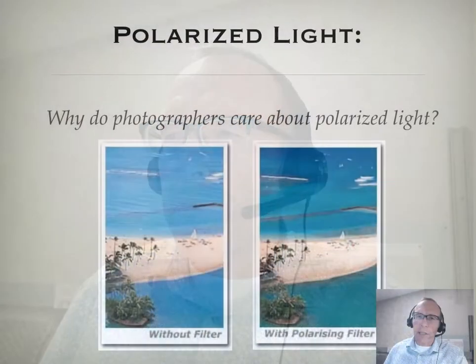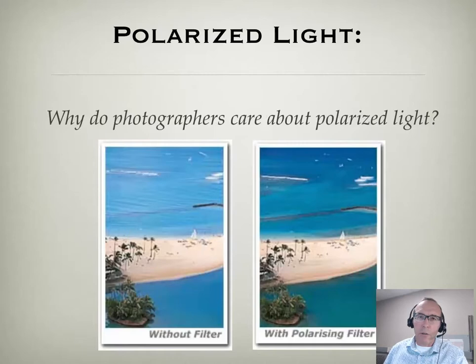Well, if you take a look at this image here, we're looking at two photos of, I guess, a beach and the ocean. And the picture on the left, you can see the water looks very light blue, very faded, kind of washed out because it's reflecting so much of the sky. Whereas the photo on the right, the photographer has used a polarizing filter, and they've blocked out the reflection on the water so that now we can see the true color of the water.